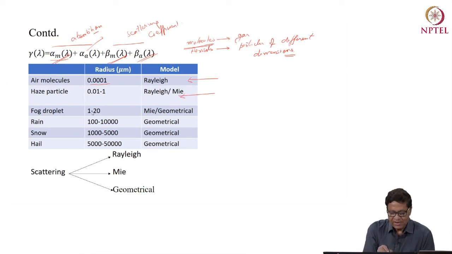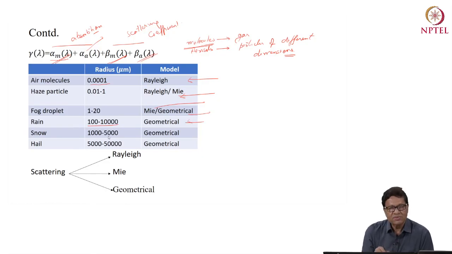And if you have a particle size ranging from 1 to 20 micrometers, for example in a fog droplet, then on the lower side it is going to be Mie scattering. If the dimension of the fog droplet is a little higher, it might suffer geometrical or diffraction kind of scattering. Rain, if the size is large, 100 to 1000, is geometrical.